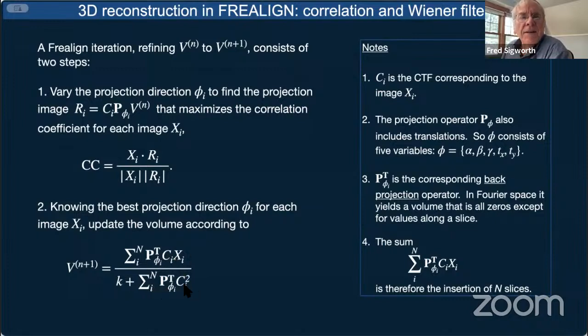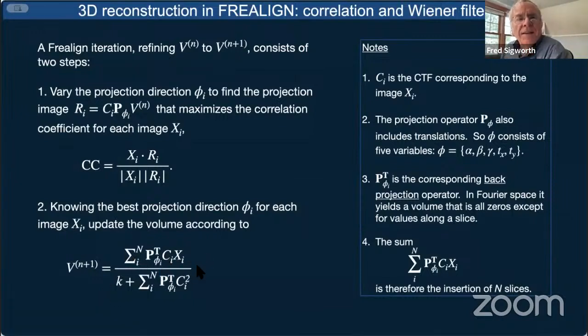In the denominator, we have again the CTF squared term, except that in this case, what we do is we take the CTF and insert it as a slice in a volume so that we kind of have two volumes that will be normalized, and we have a Wiener constant sitting out here.